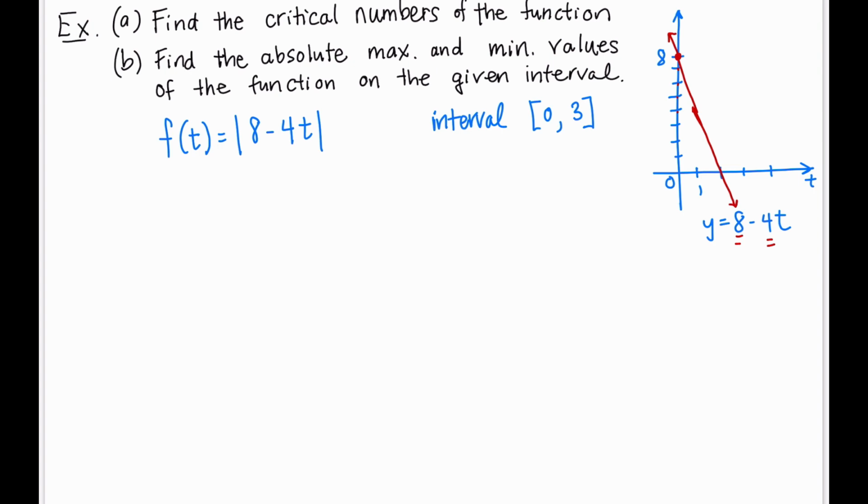Now, when I add the absolute value here, what happens is that any portion of the graph that lies below the x-axis gets reflected across the x-axis. So this graph is going to look something like this. Okay. And that would give me the graph, and I'm just going to clean up this part right here.